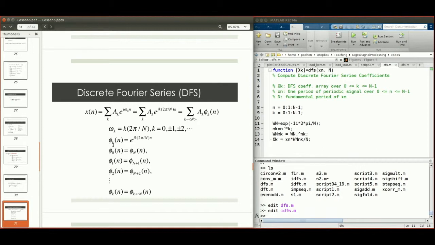If k equals big N, you bring big N into it, big N cancels out, and it becomes e to the j times 2 pi times an integer n, which also equals 1.